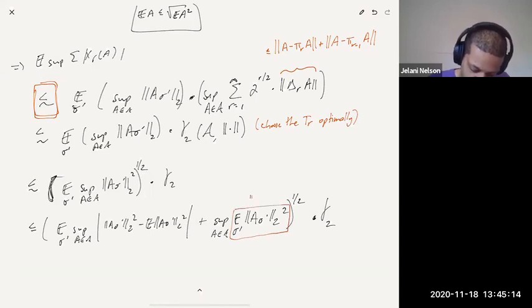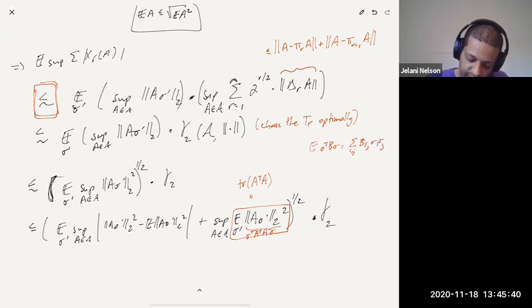This thing is just the trace of A transpose A, right? Does that make sense? Sigma transpose B sigma is the sum over all ij of bij sigma i sigma j.